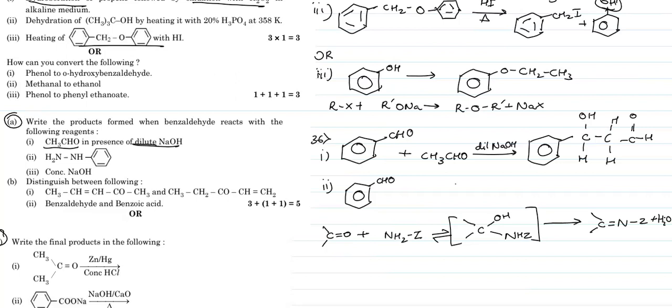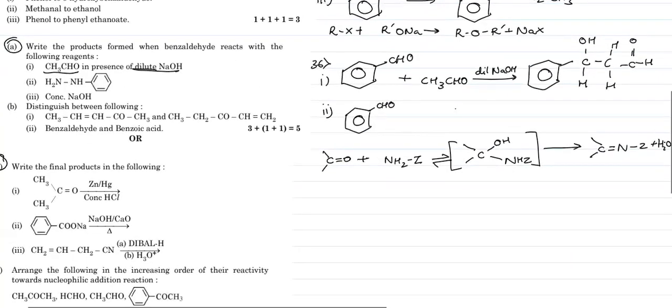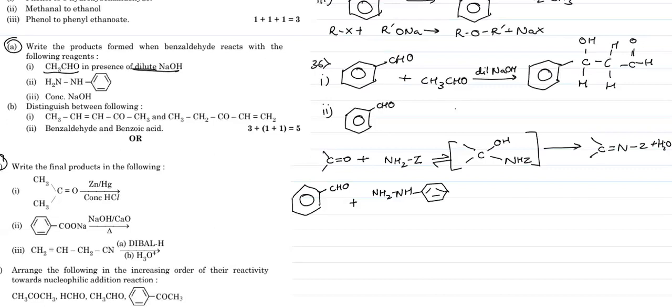So here you have the benzaldehyde, that is C6H5CHO, reacting with NH2NH.